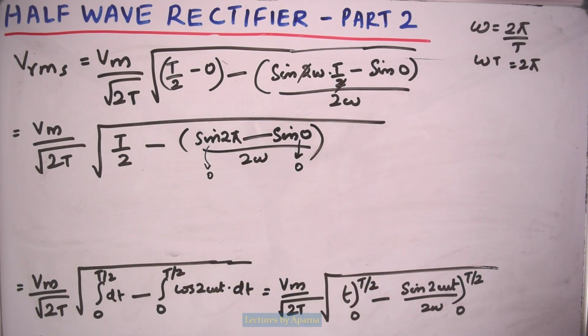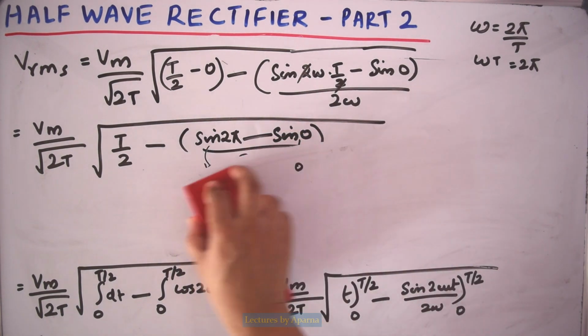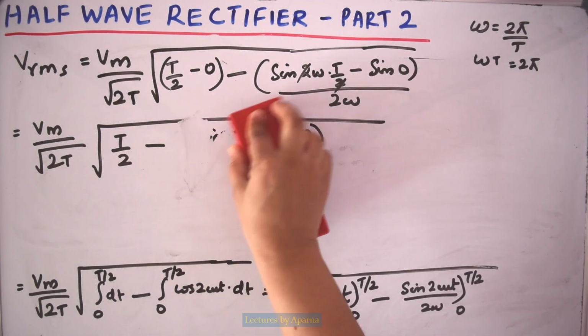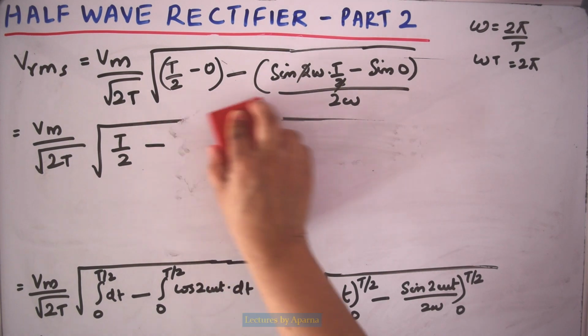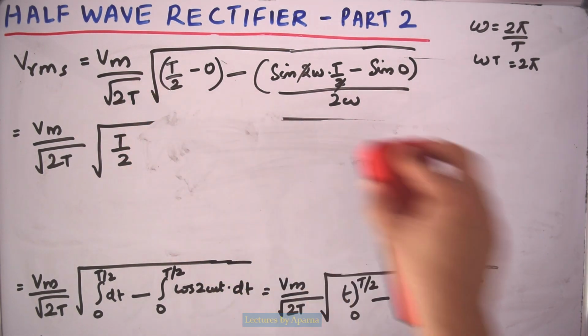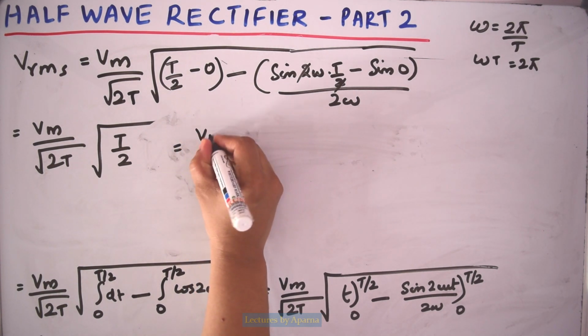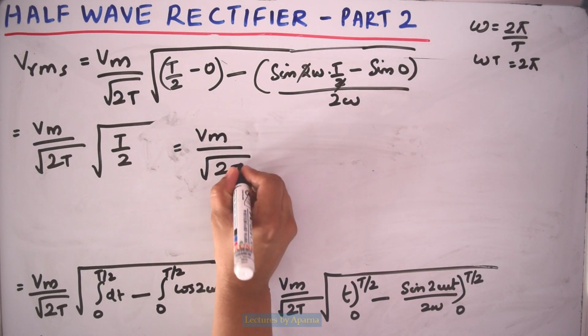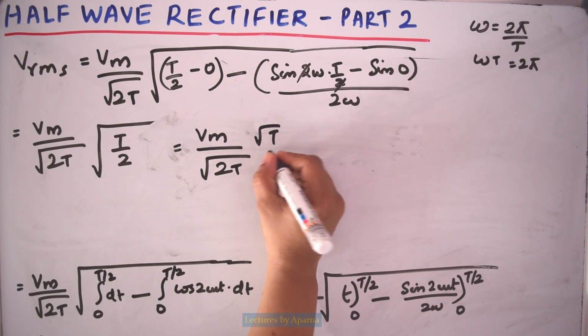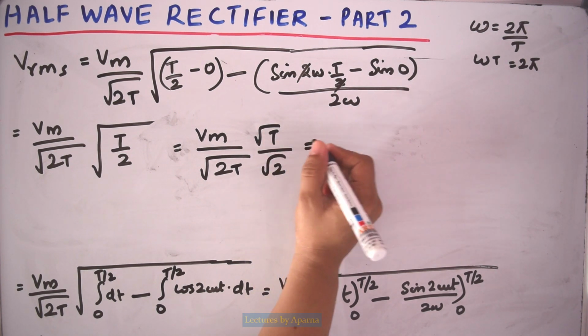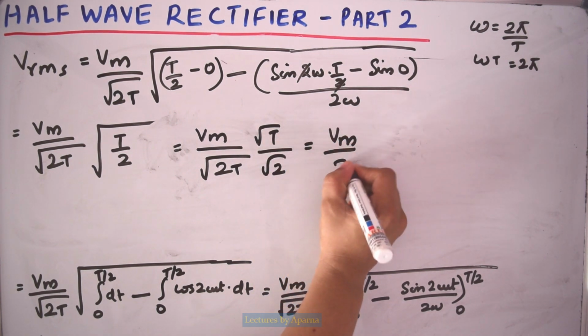So this term will become 0. So it will be only this T by 2. Therefore, this can be written as Vm by root 2T into root T by root 2. This will be Vm by 2.